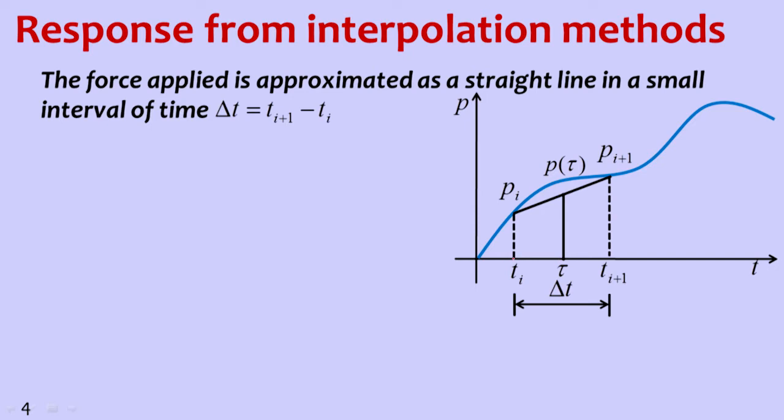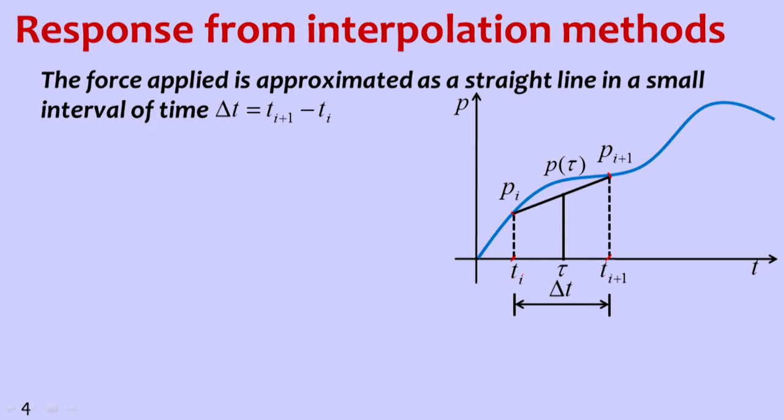We have two time marks, at ti and then ti plus 1. The force at ti is pi and the force at ti plus 1 is pi plus 1, and the time interval between these two points is delta t equal to ti plus 1 minus ti.